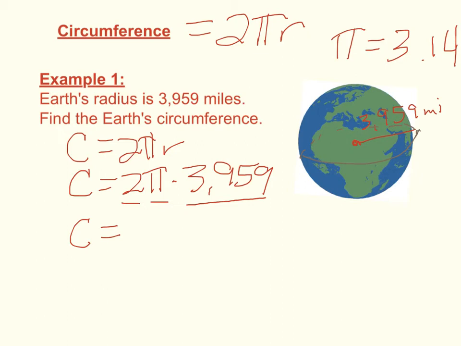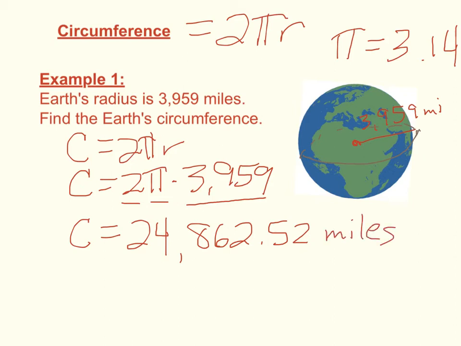Got your calculators? Okay, so the circumference is 24,862.52 miles.